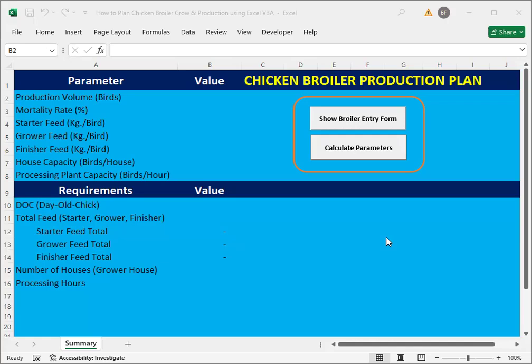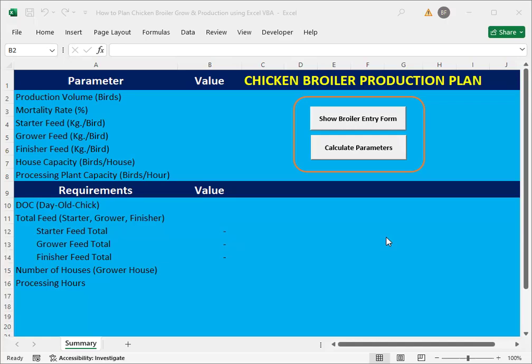The second stage would be the grower feed. This is from 15 to 28 days of feeding. And the last stage of feeding the bird is the finisher feed. Okay, this is from 29 to 42 days of growing the broiler chicken in the farmhouses.